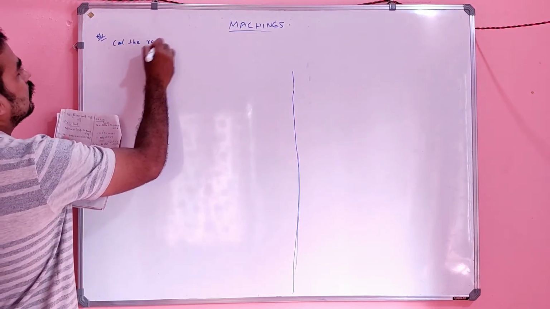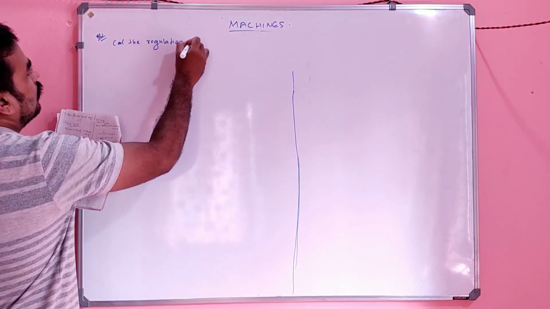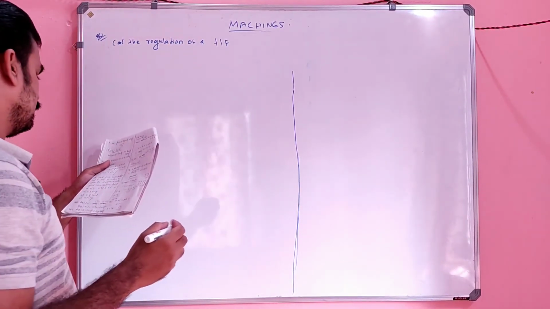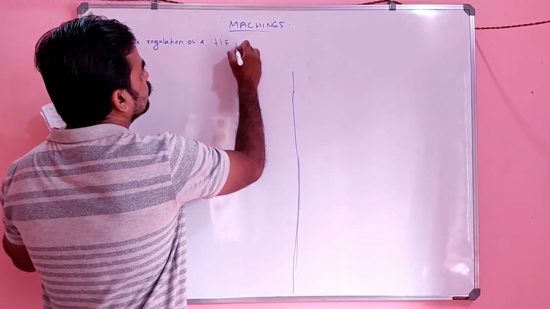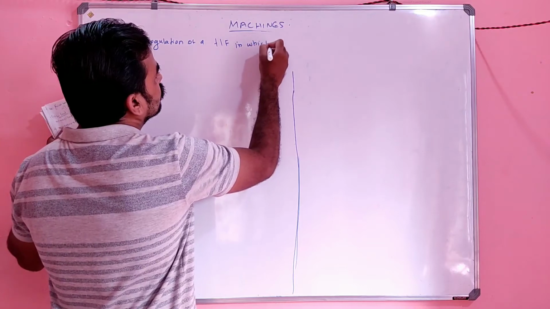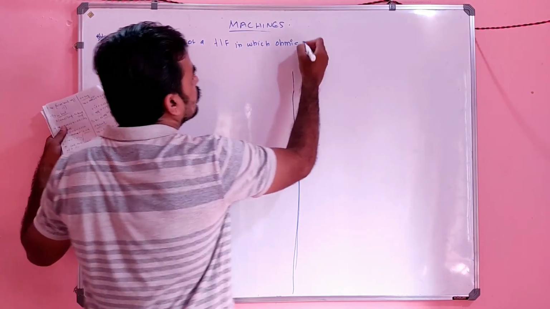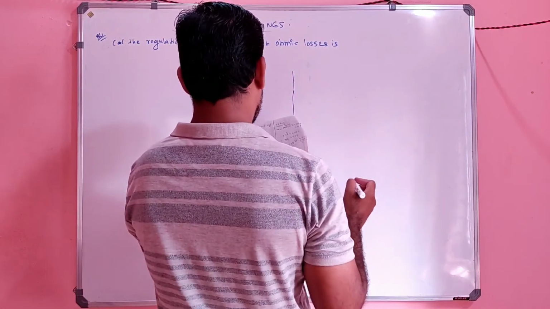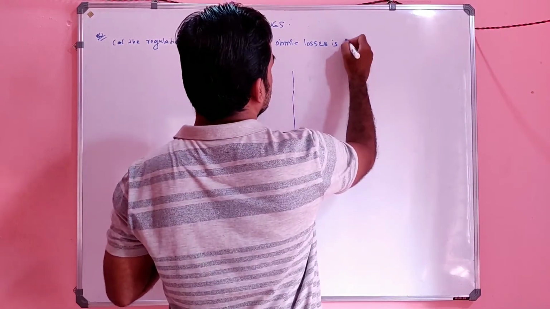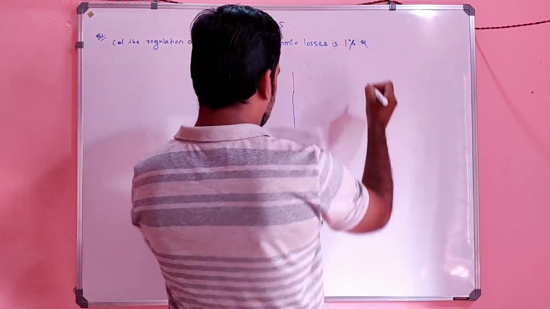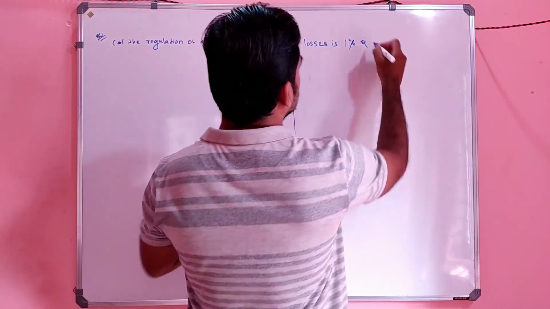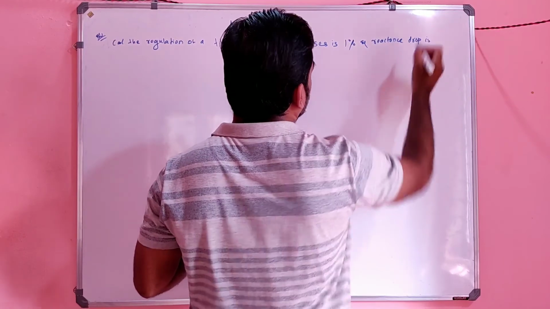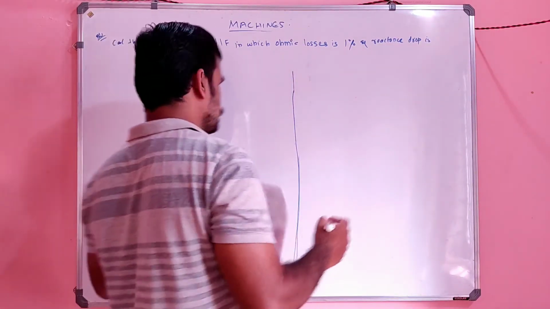Calculate the regulation of a transformer in which ohmic loss is 1% and reactance drop is 5%.